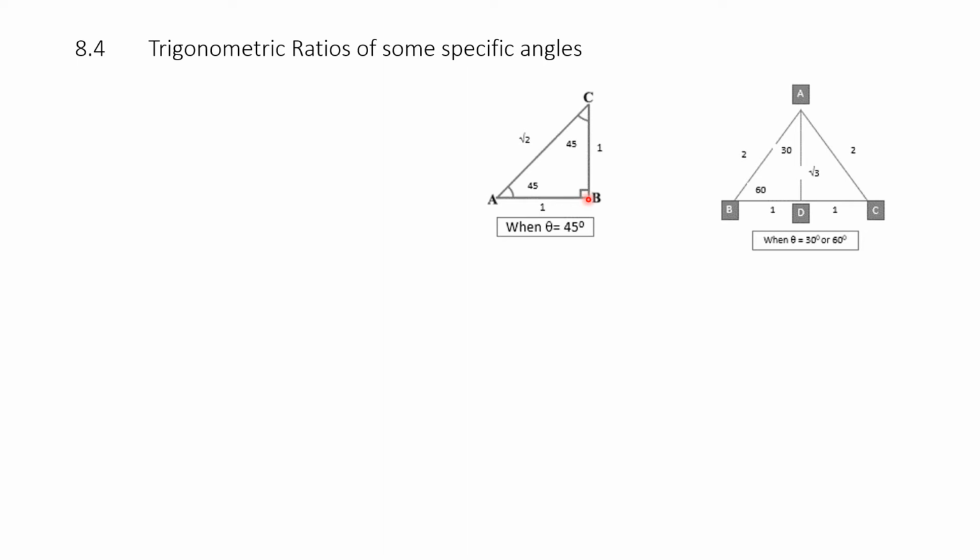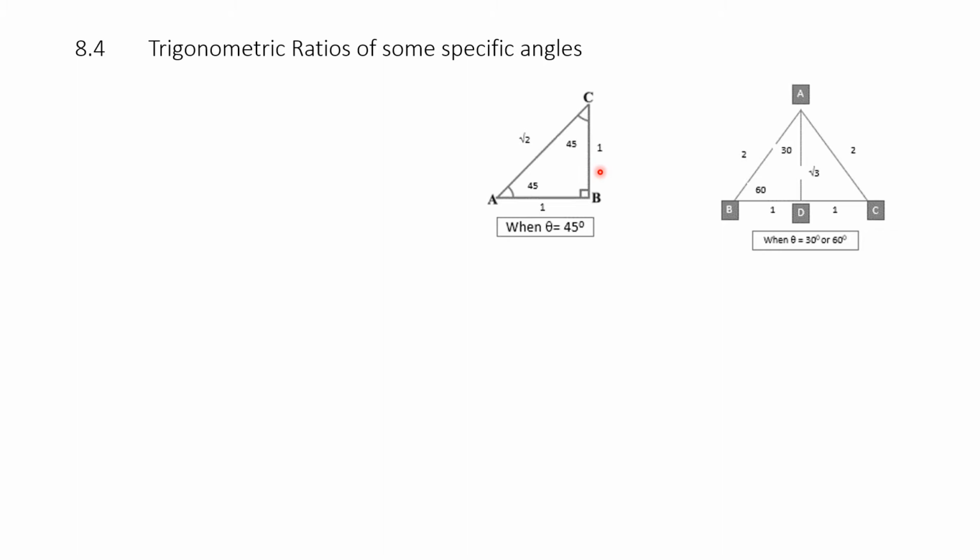Here AB is 1 and BC is 1. By applying Pythagoras theorem, hypotenuse is equal to square root of sum of squares of adjacent side plus the opposite side, that is AC squared is equal to AB squared plus BC squared.